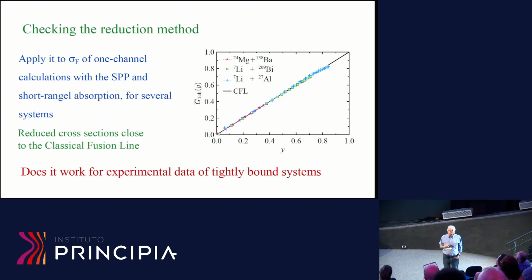Okay. The question is, this is a result of calculation, but what happens if you apply it to fusion cross-sections of tightly bound systems? If our assumption is right, one should get results that are again close to this classical fusion line.